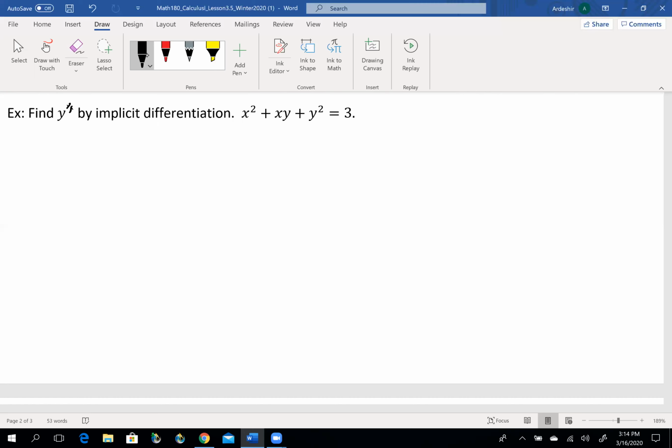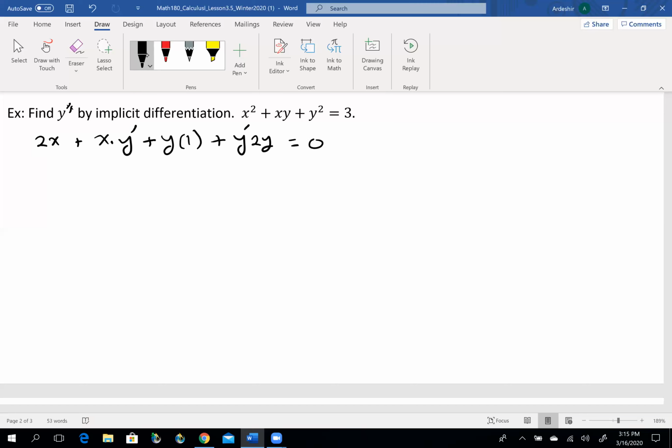So if I take a derivative with respect to x of both sides, x squared is going to be 2x plus, now x times y, again I'm going to use the multiplication rule, so it's going to be x times y prime plus y times the derivative of x, which is just 1, and then plus derivative of y squared. Again, guys, I'm going to take a derivative of mother and then the baby, so it's going to be dy/dx, in other words a y prime, and then 2y, equal to, and derivative of 3, because 3 is a constant, so it's going to be 0.